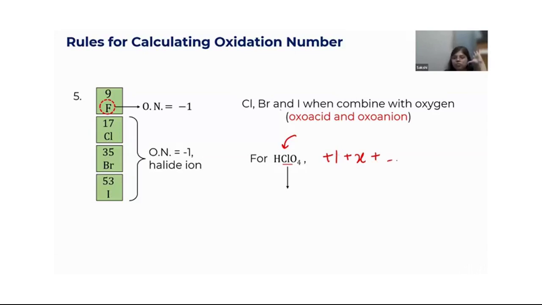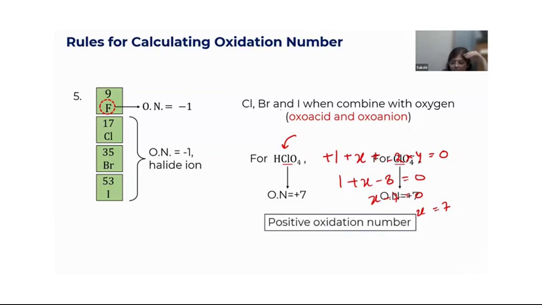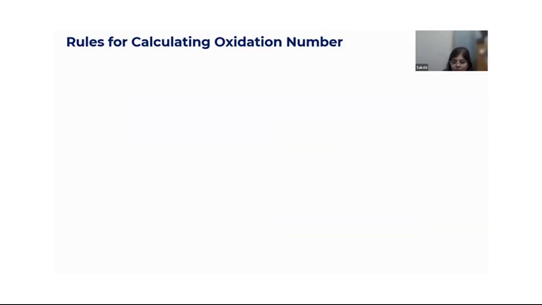So it is -2. So -2 into 4, and the sum is equal to 0, because as a whole the compound is neutral. So 1 plus x minus 8 is equal to 0. So x minus 7 is equal to 0, so your x is equal to 7. So your oxidation number of chlorine is 7. Okay? That is a positive oxidation number.